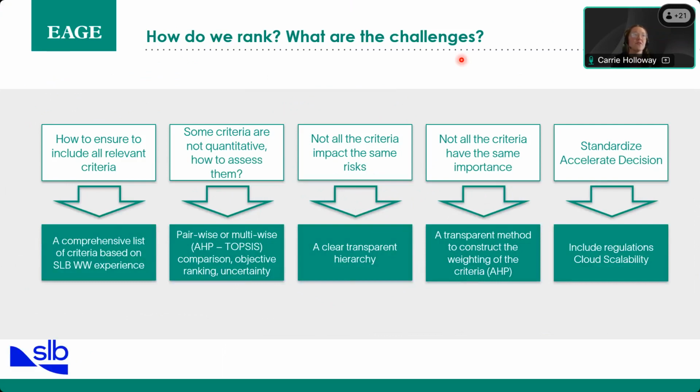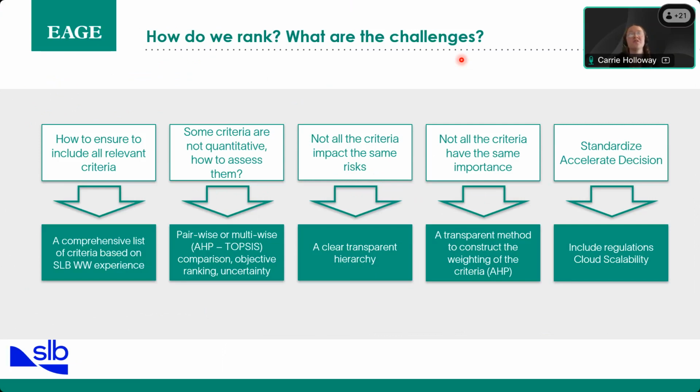comprehensive list of every criteria that we may want to consider when we're looking at CCS projects. Some of these criteria are quantitative and some are qualitative, but they can all be compared by using this multi-wise comparison using the AHP and TOPSIS mathematical algorithms.